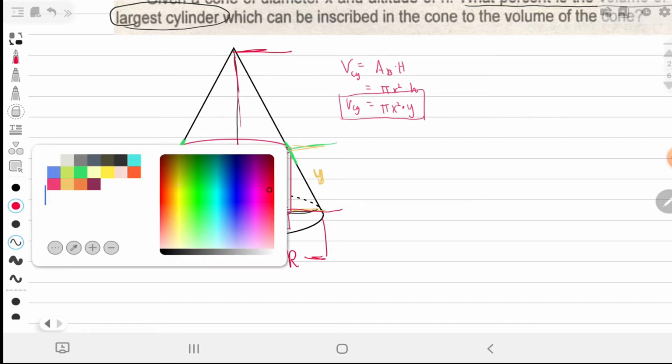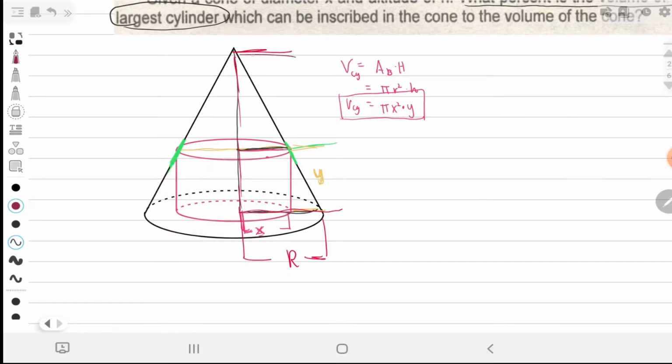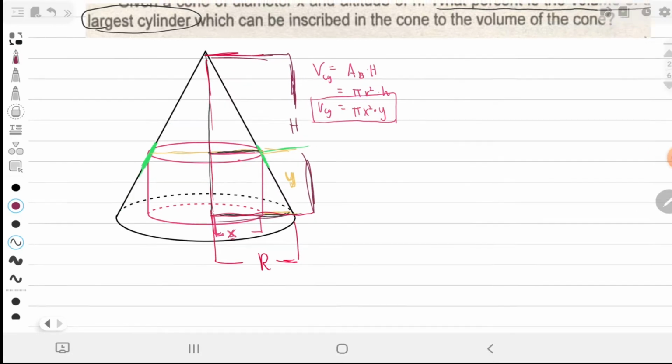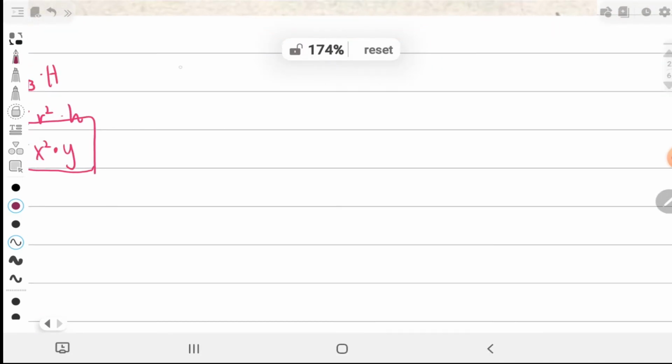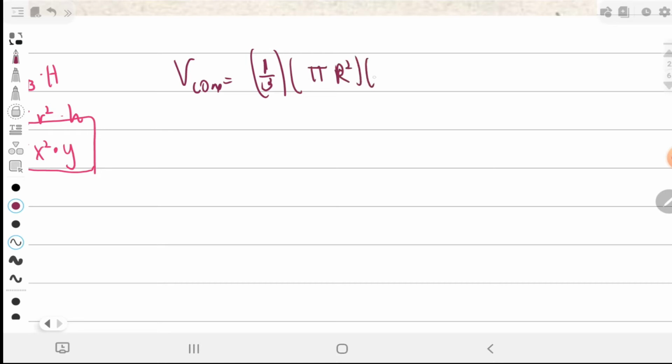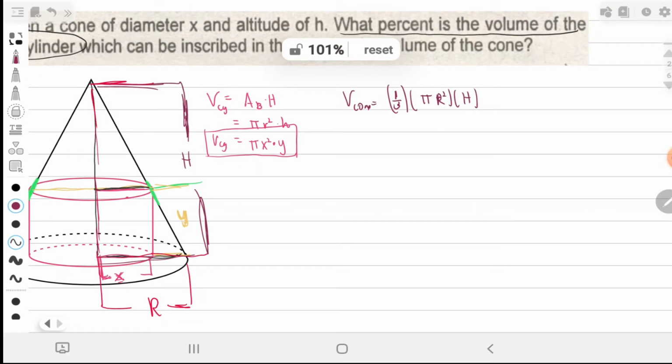Yun yung alam natin dito, syempre, di ba? Taking note that the volume of our cone is equal to 1/3 multiplied by the area of the base, equal to pi r squared multiplied by our h.